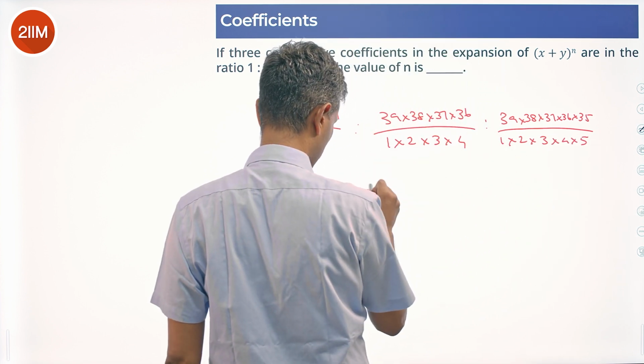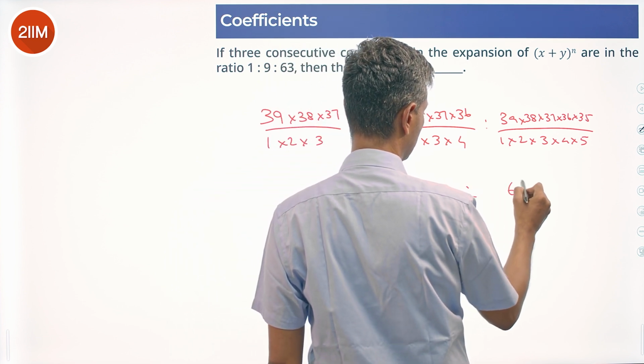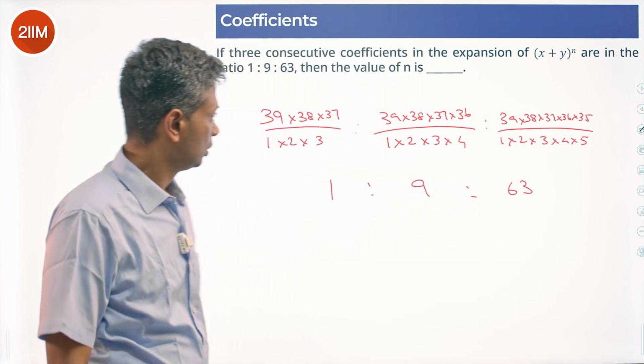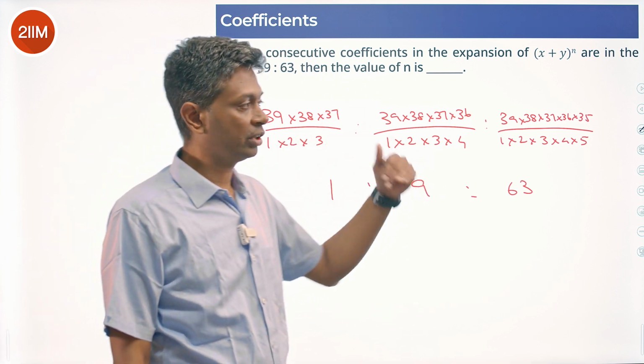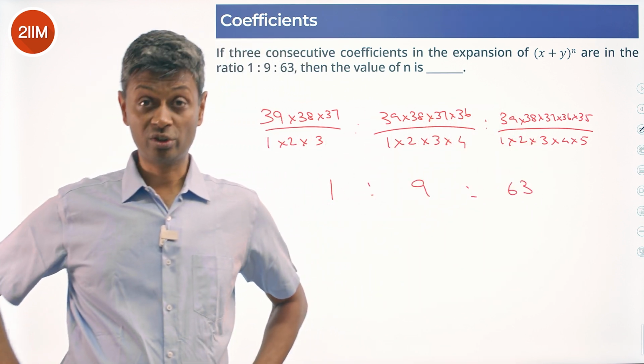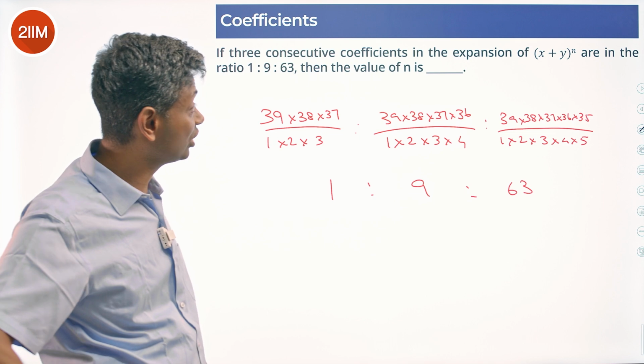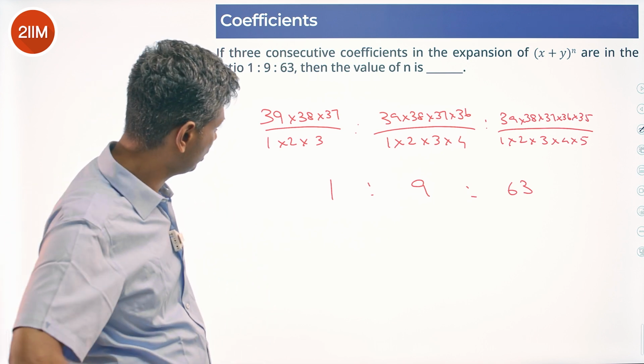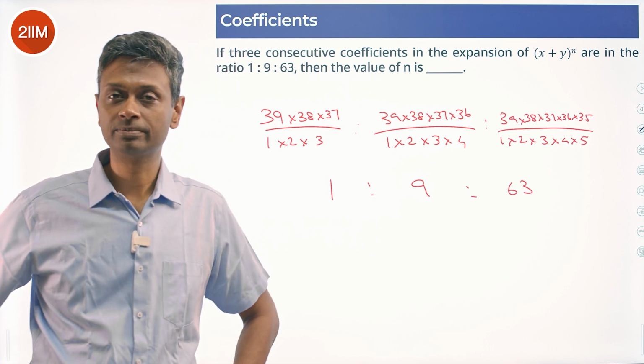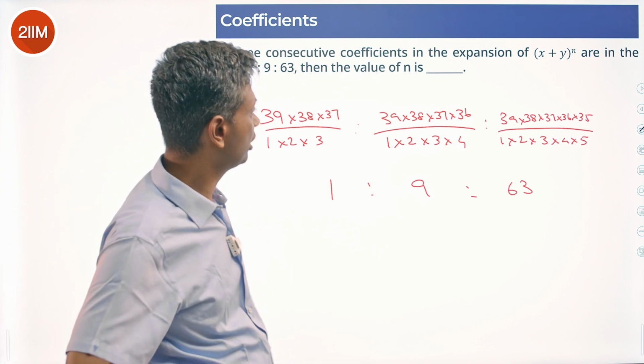This ratio is 1:9:63. 39C3, 39C4, 39C5 are in the ratio 1:9:63. So n is 39. Brilliant question.